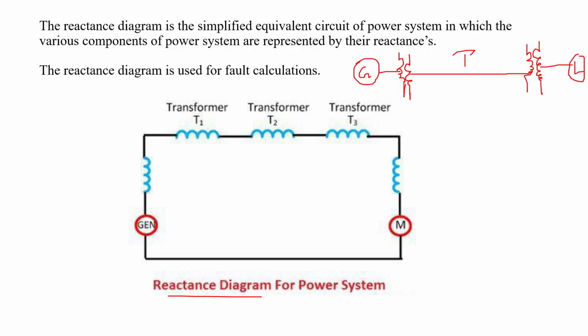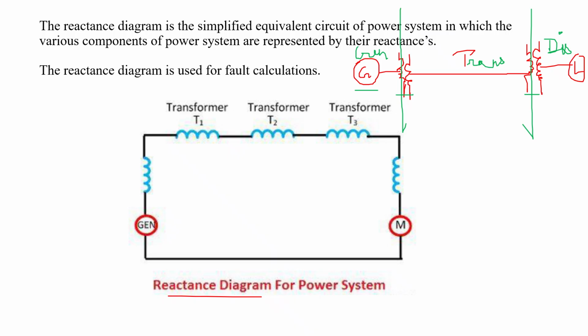If I divide this into three sections, this is the generation part, this is the transmission part, and this is the distribution part. There are components like the generator, transformer, transmission line, which is nothing but a conductor, again a transformer, and a load, which may be a motor or anything.